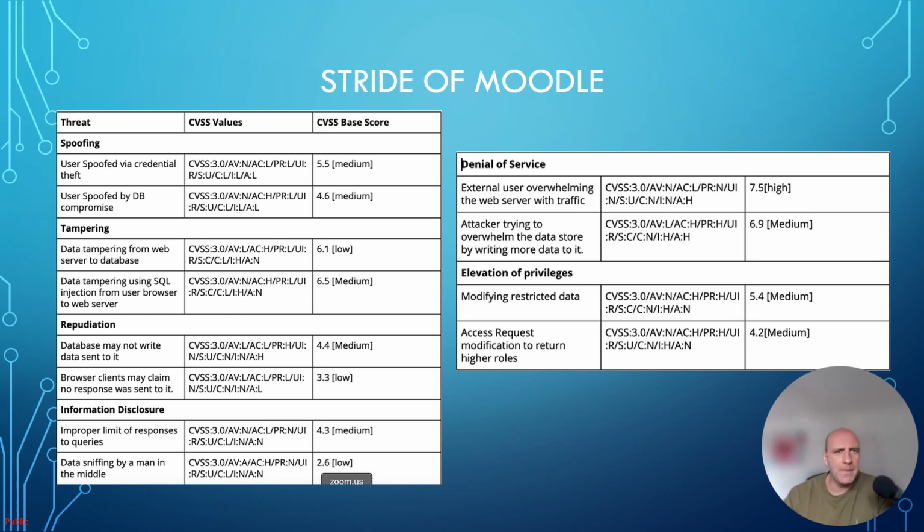How we can limit the user being spoofed via credential theft again, so we can potentially build something like multi-factor authentication. We can limit access requests. We can limit how many times a user can enter their password, how we can potentially limit the spoof by database compromise.